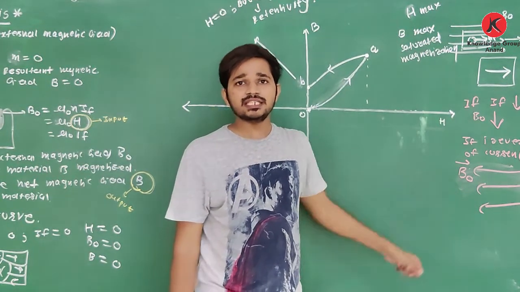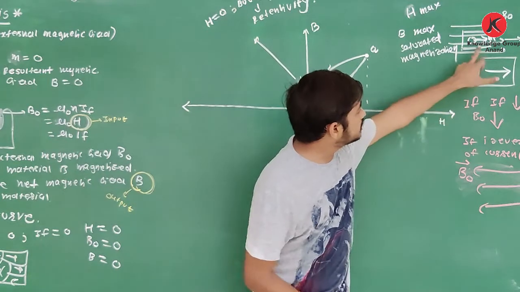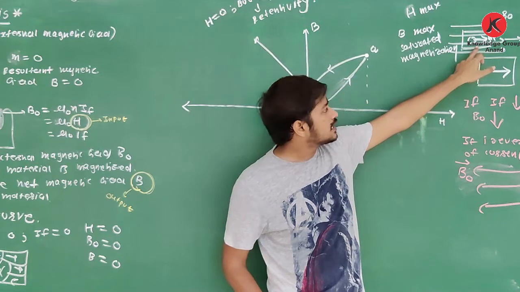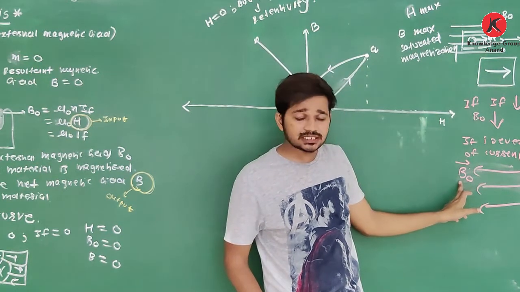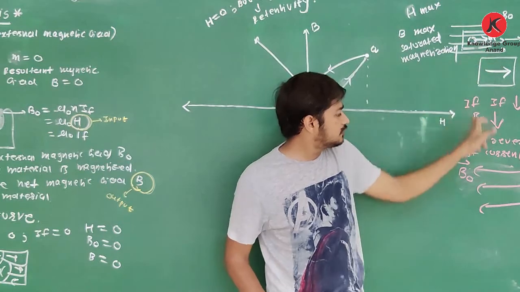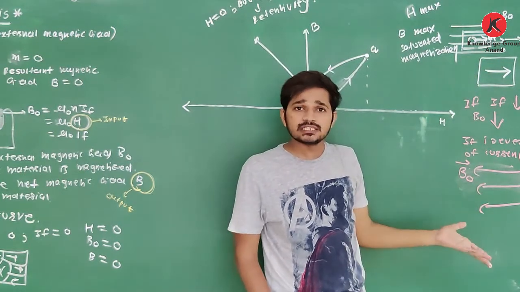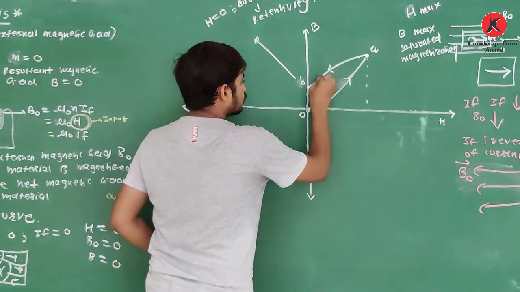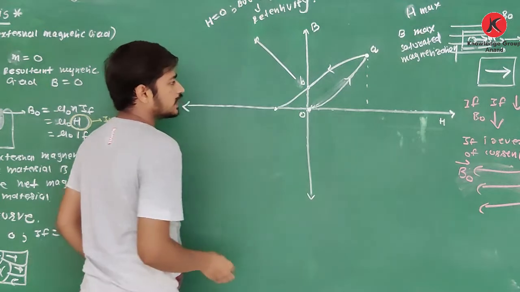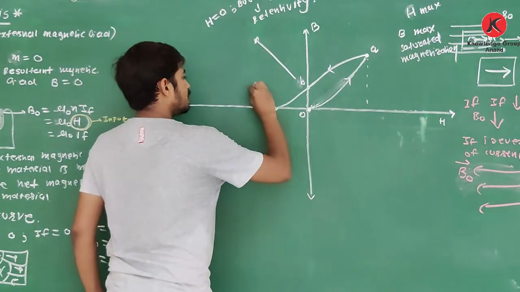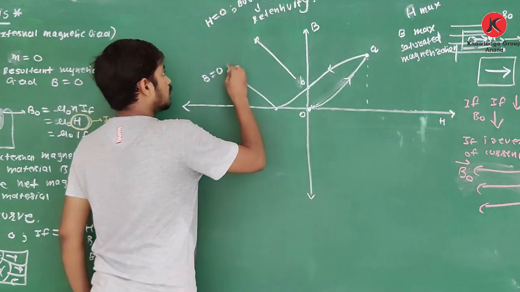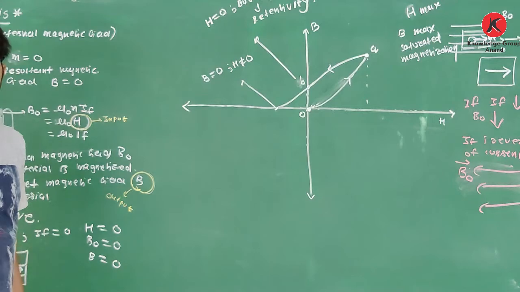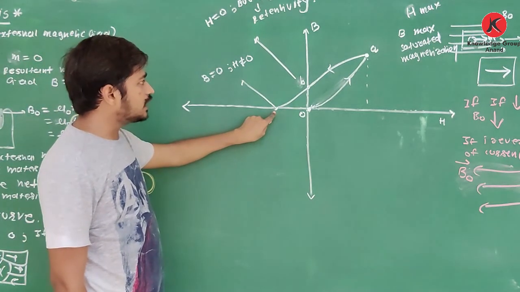Clear about this? See, initially all dipoles are aligned in this direction. Yes or no? If the external magnetic field is in the opposite direction, these two directions are now opposite. So for some value of H in the opposite direction, the resultant magnetic field will become 0.